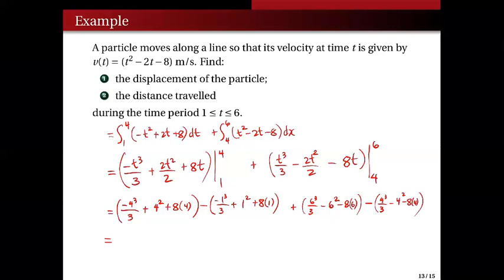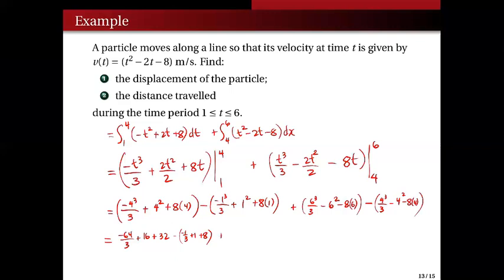So if we simplify this, 4 cubed, so 4 times 4, 16 times 4, that's minus 64. Now, minus 64 over 3 plus 16 plus 8 times 4, that's 32. Minus the quantity, you have negative 1/3 plus 1 plus 8.